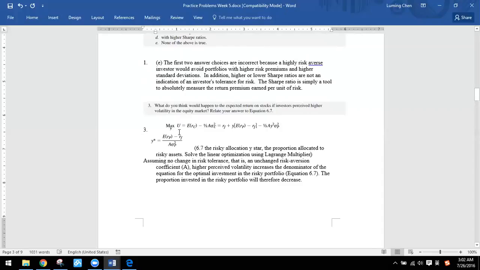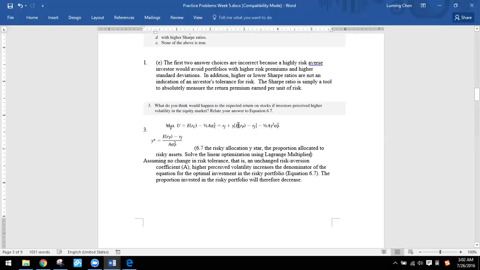You don't need to solve this in exams, but maybe it's interesting to know how you solve this. So this is our maximization problem. This is the risk-free rate. This is the risky expected return. So this is the excess return.